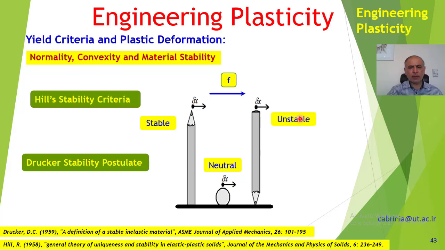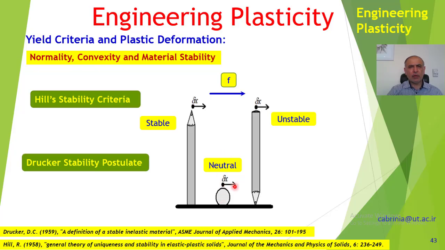So we say it's unstable. It won't go back to its original place. So stability means that, in this case, if you apply a force and then remove the force, it comes back to its original place. We call that stability.